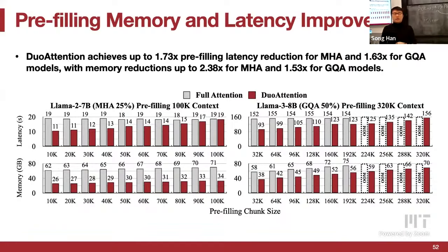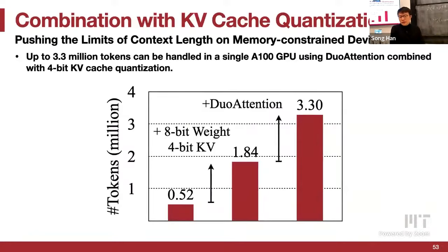So the natural thought is, what if we combine that with KV cache quantization? You can think of duo attention as pruning and sparsity. We can remove lots of the attention scores. If we combine that with KV cache quantization, it can work super well.